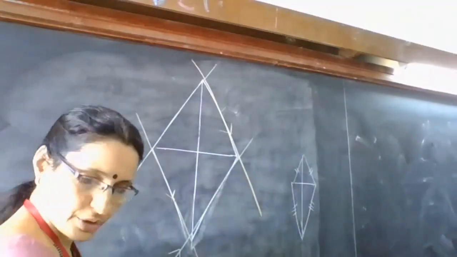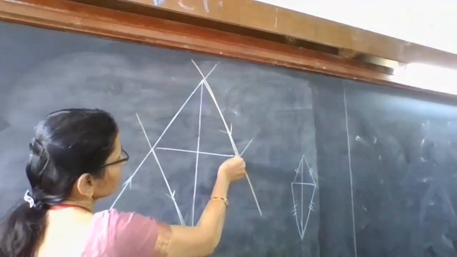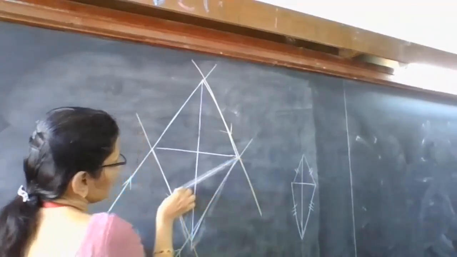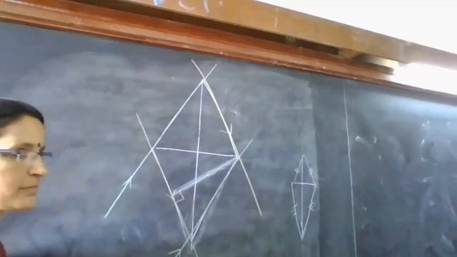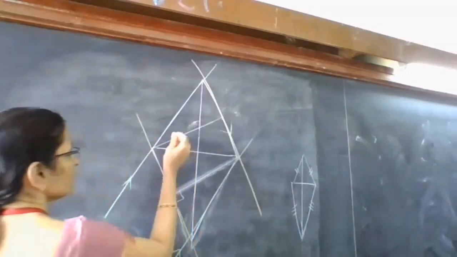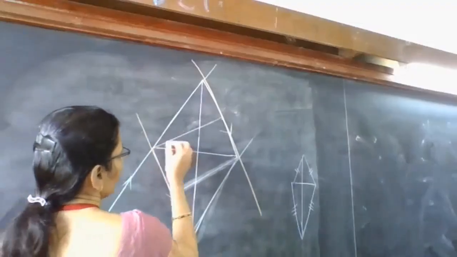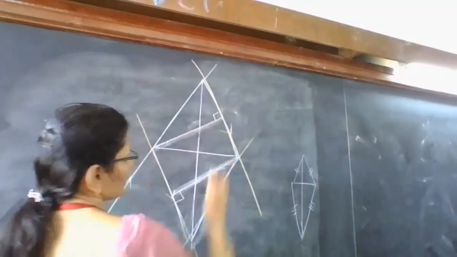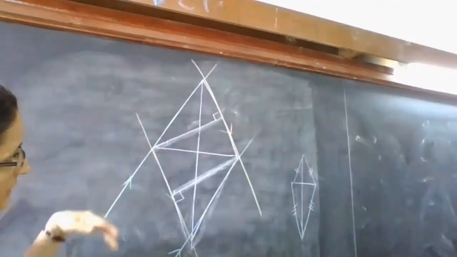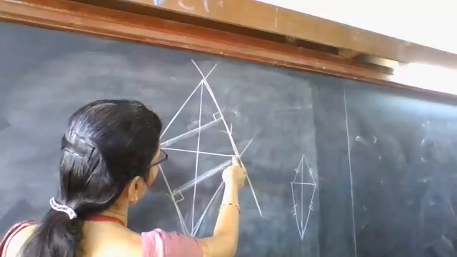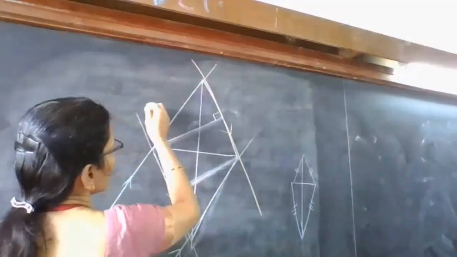So if I try to draw a height this way, and this I will just shade so that you can identify. This is H. Then obviously I can draw another height like this for the same rhombus. This is another H. And from the other opposite vertex also I can draw. These are the two vertices from which I have drawn. From here also I can draw.